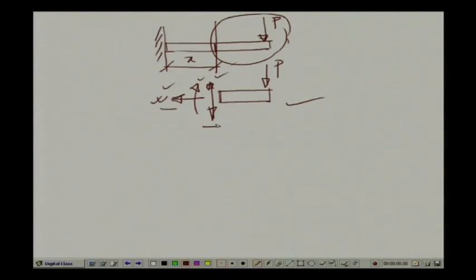Now, this vertical internal force or stress resultant we call the shearing force V. At any cross section we take in this beam member, we get some stress resultant which will hold this particular part of the body, freed from the whole body, in equilibrium under the action of the load.